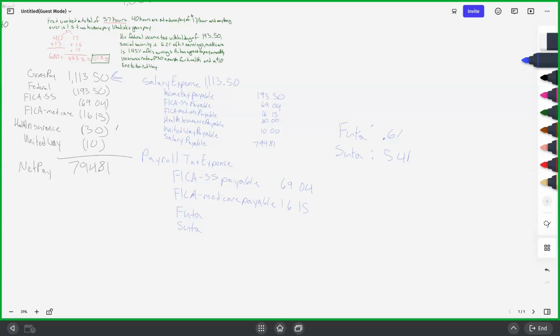We're just going to round this up to 6.68. I forgot we did that. And state unemployment is 5.4%.